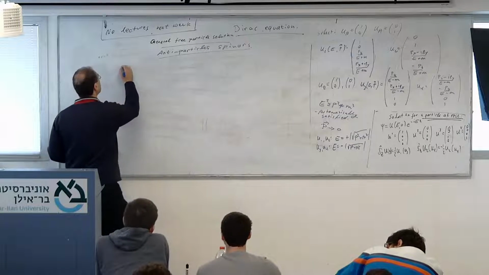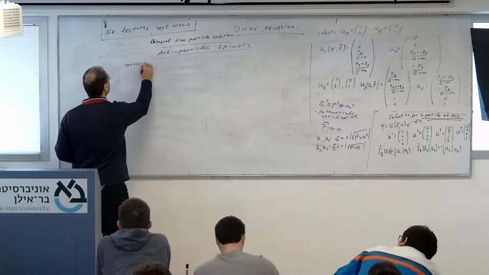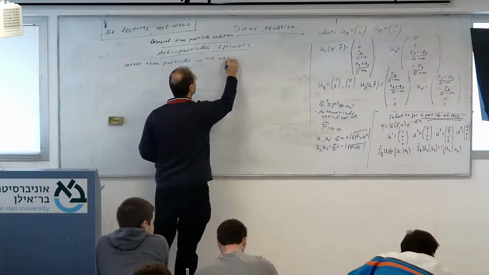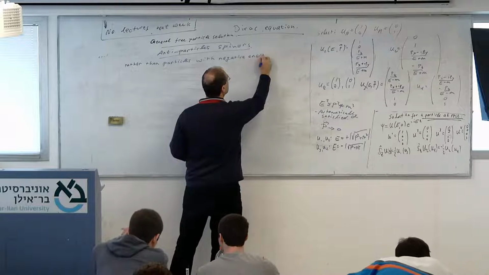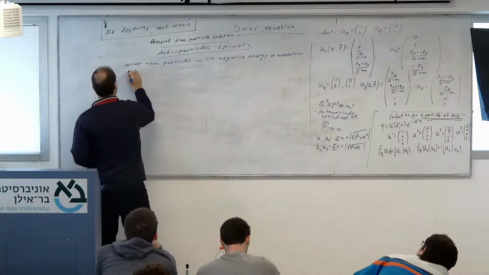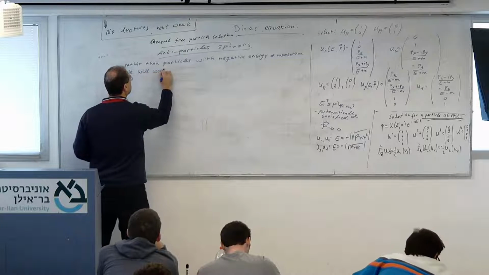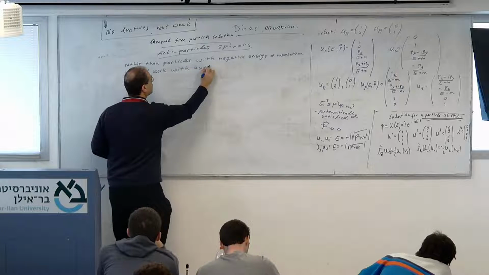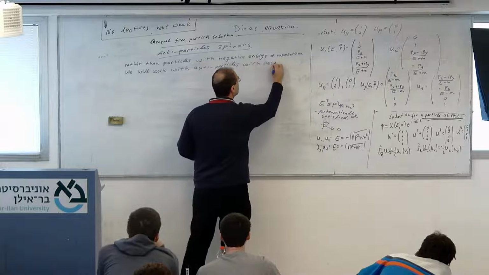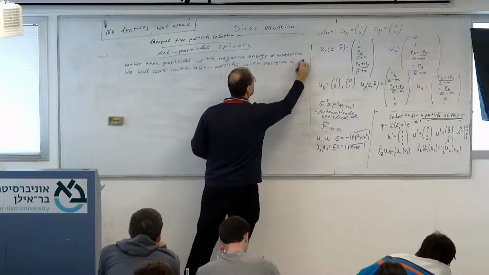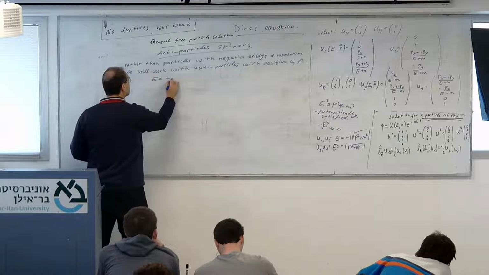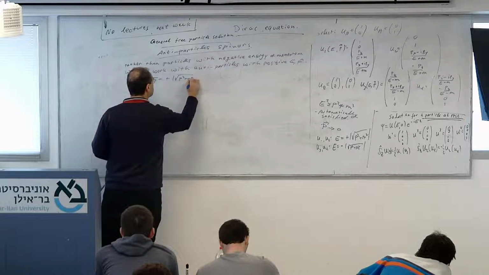So for antiparticles, rather than particles with negative energy and momentum, we work with antiparticles with positive E, namely that E is plus the square root of P squared plus M squared.